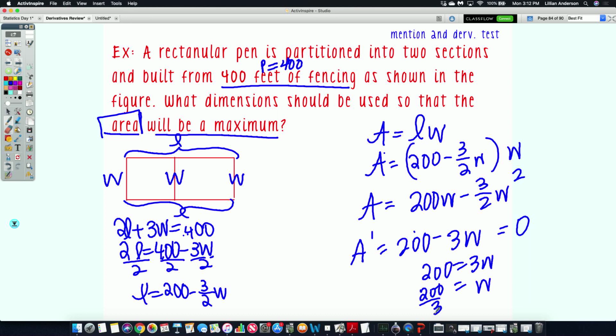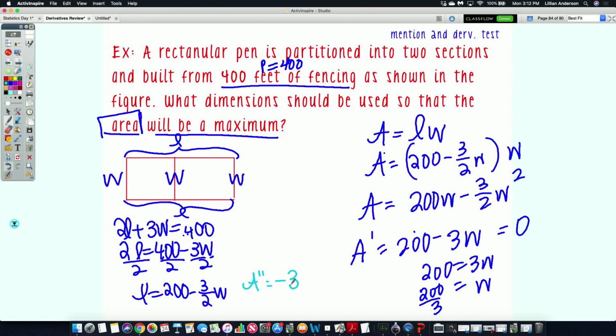Now let's make sure this is indeed a maximum. I know I can do it using the first derivative test by making a number line, but I put a note up here to make sure that I mentioned the second derivative test. In this case, it would actually be a little bit easier. What's the second derivative of the area function? It will be just a -3.